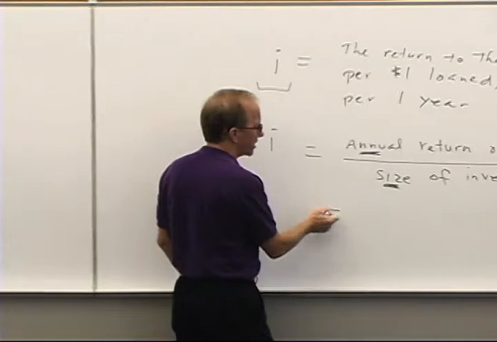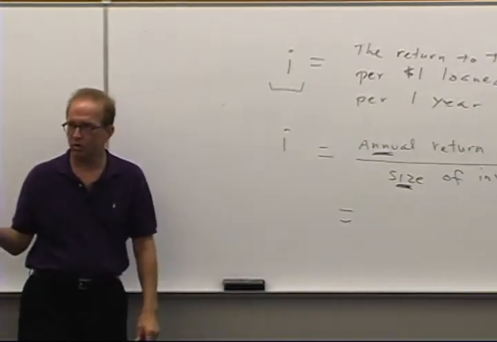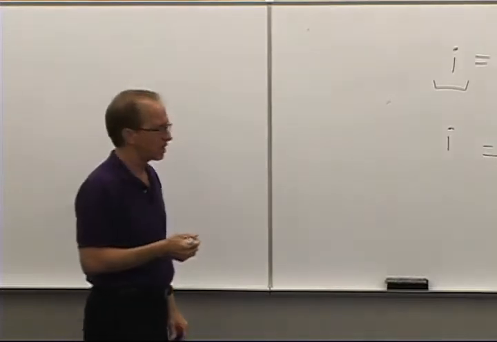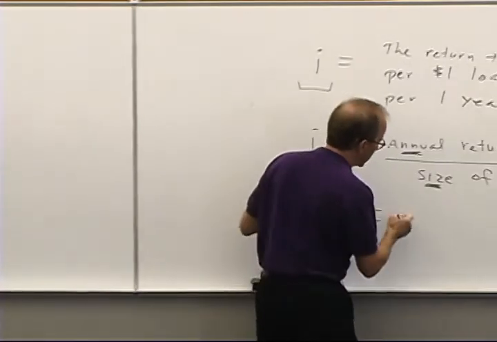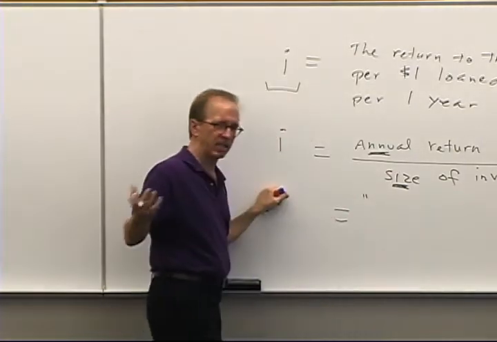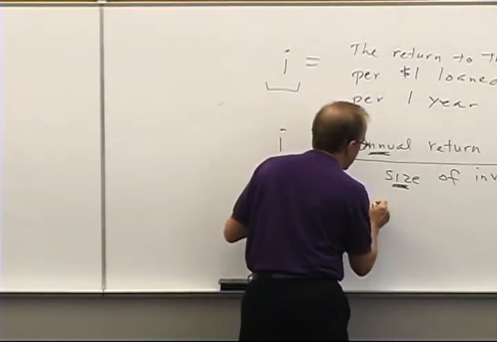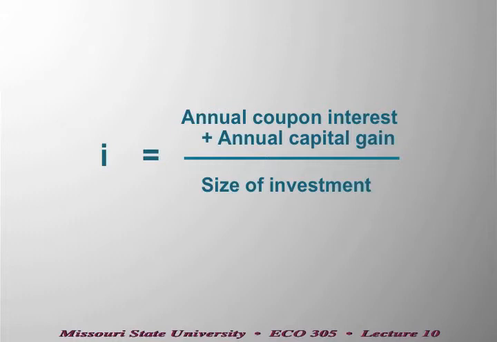And now in this annualized return, we have two kinds of returns that investments provide us. Okay? And one is just this. To go back to the bond, we can generalize the statement, but annual coupon interest, okay, plus annual capital gain.